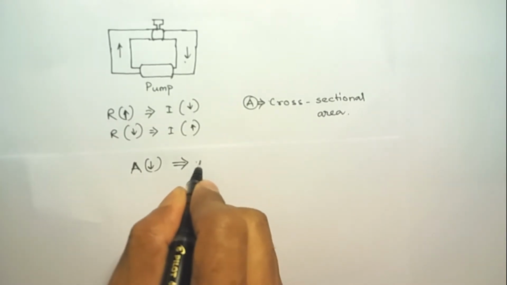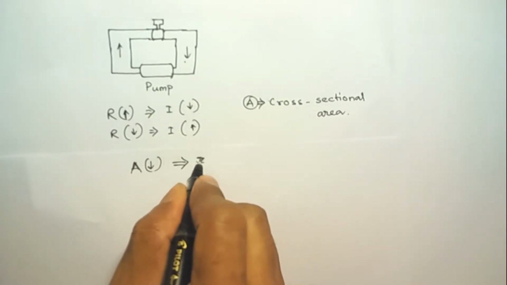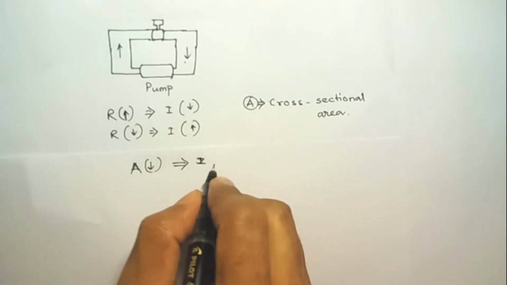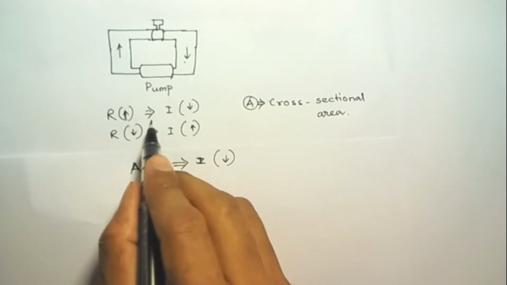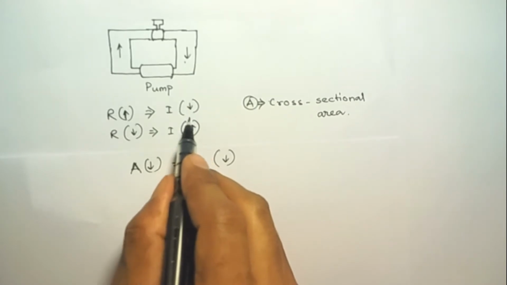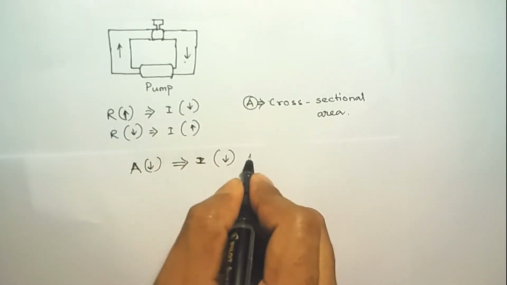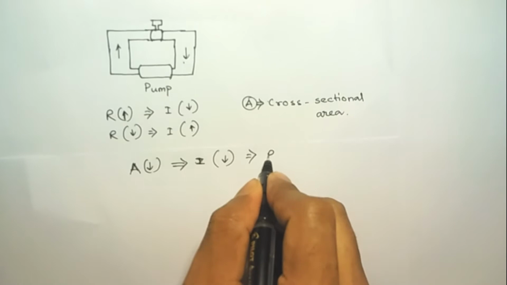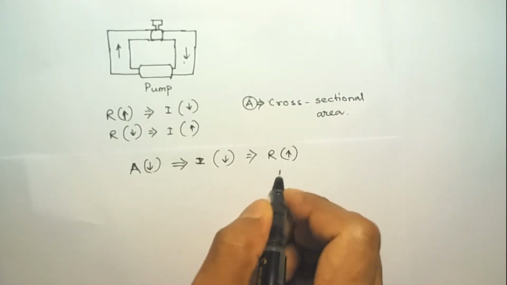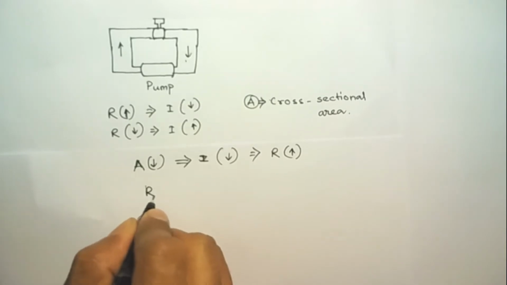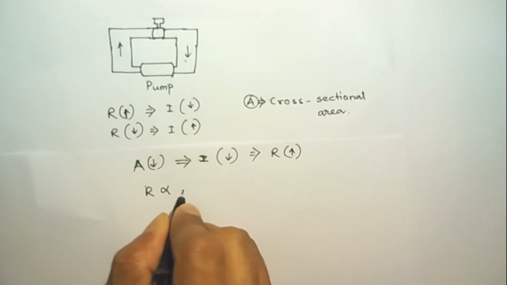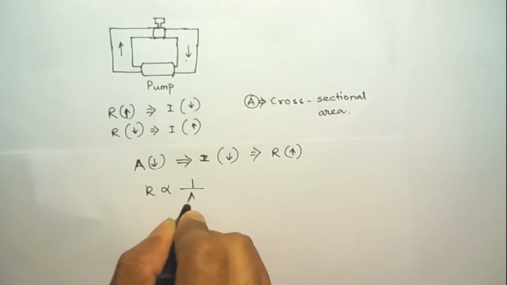That means the flow of water, which is analogous to the current, decreases. And here we can see when current decreases, resistance increases. So in other words, we can write R is inversely proportional to the area.